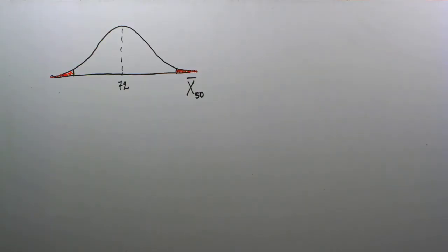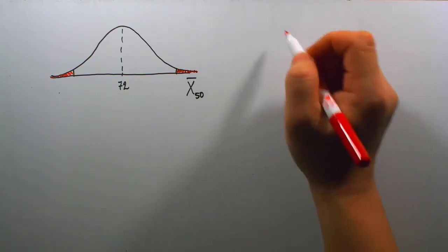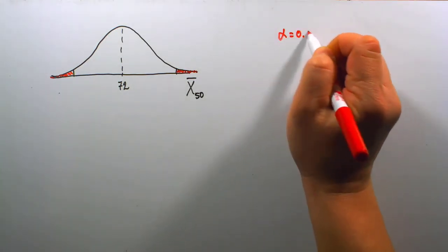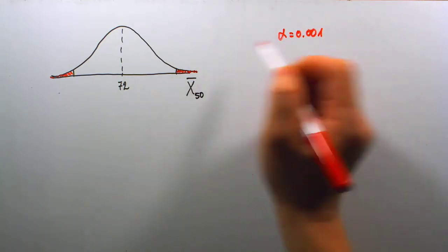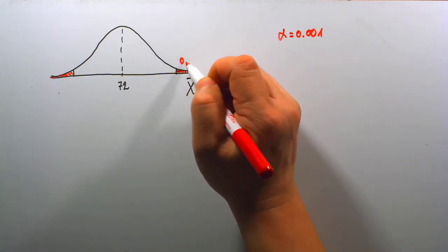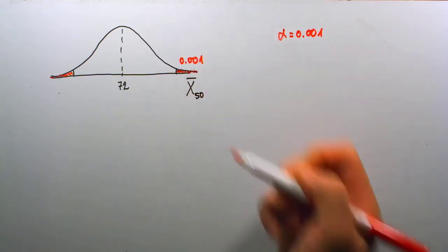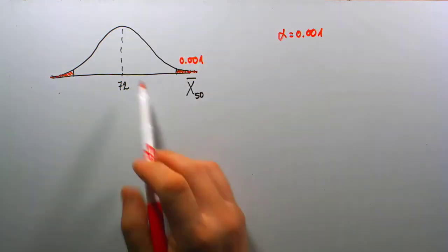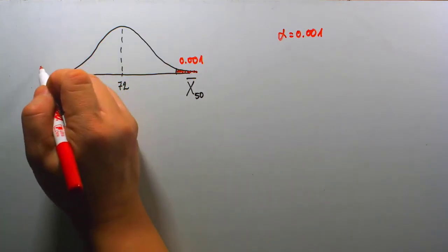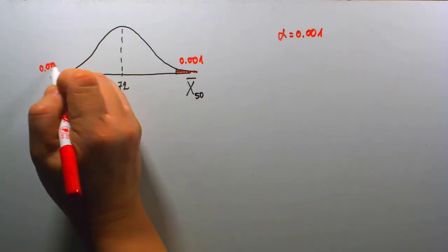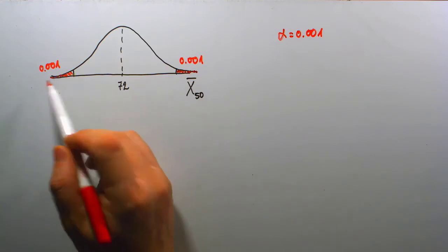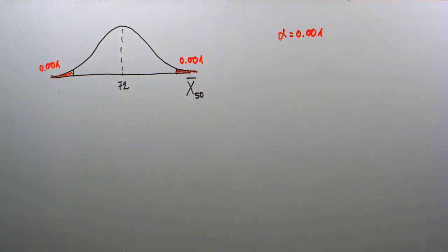I have explained in previous videos that the significance level, notated as alpha, is how large this little right tail area is to the right hand side of the common area, as well as how big that little area shaded in red is to the left side of the common area.